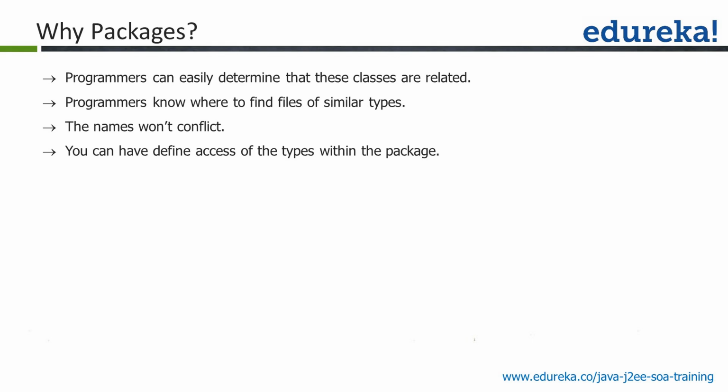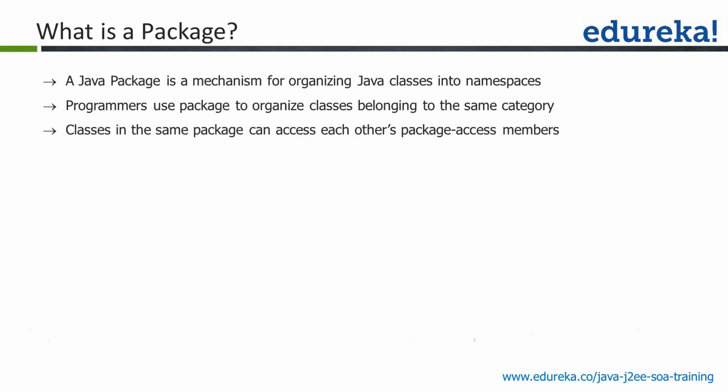So package means now you need to understand what is meant by the term access. So package in Java is a folder or a directory through which we can organize Java classes as namespaces. So programmers can use package to organize classes which belong to the same category. Other than that, classes in the same package can access each other's package access member.